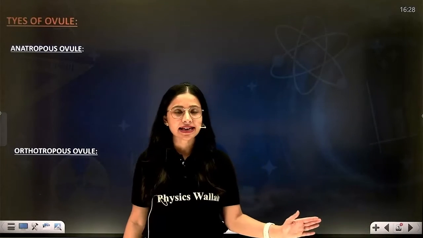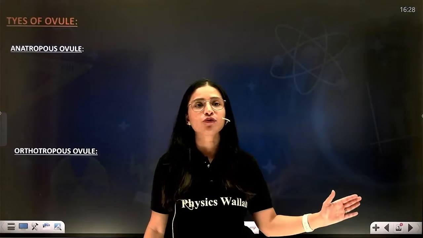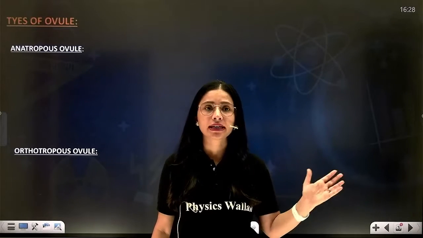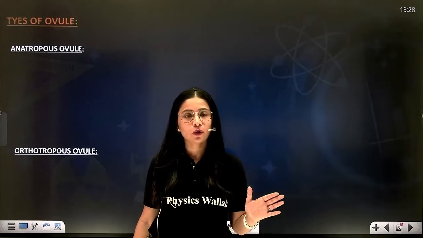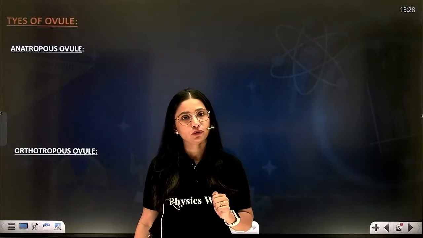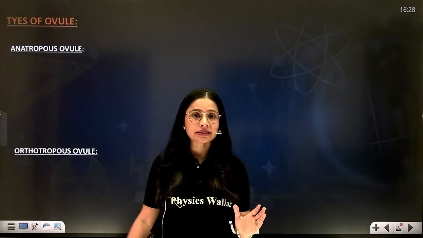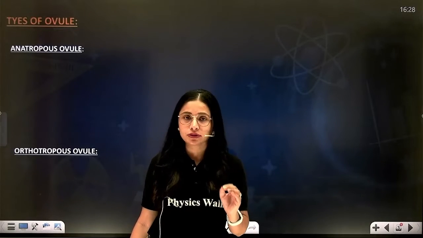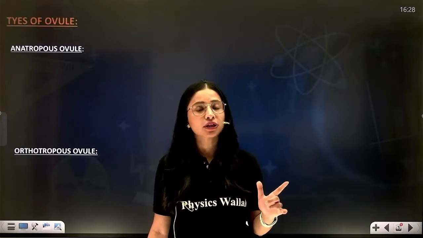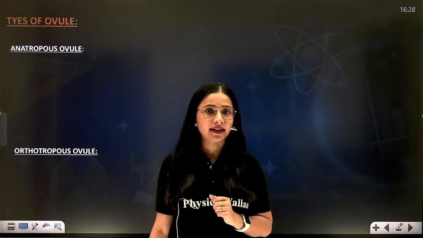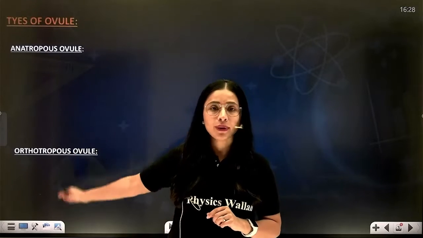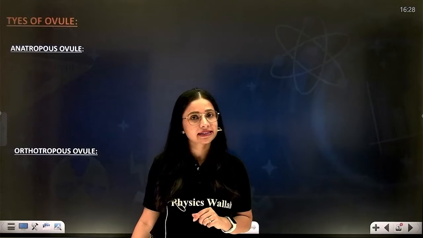In my last lecture, I have already told you what an ovule is and the structure of a typical, most common ovule, that is the anatropous ovule. Apart from this, there are many more types of ovule depending upon the position of funicle, chalaza and micropyle. So in total there are 6 types of ovule, which I will be discussing one by one.